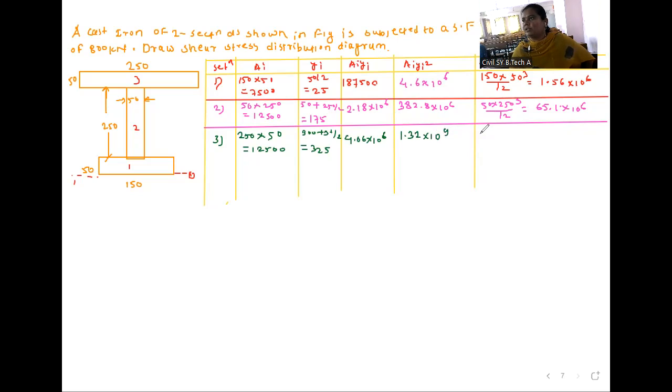And I self is bd cube upon 12. So 250 into 50 cube divided by 12, which is equal to 2.6 into 10 raised to 6. Now we will take addition.